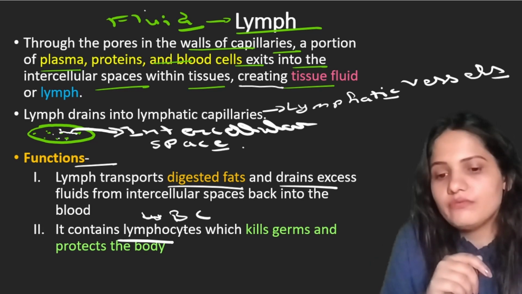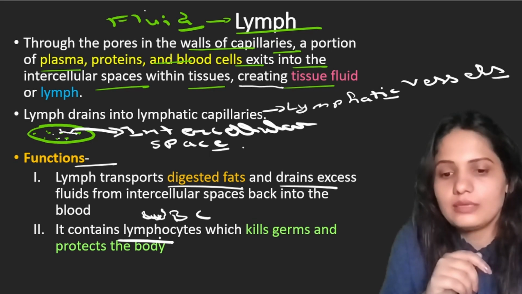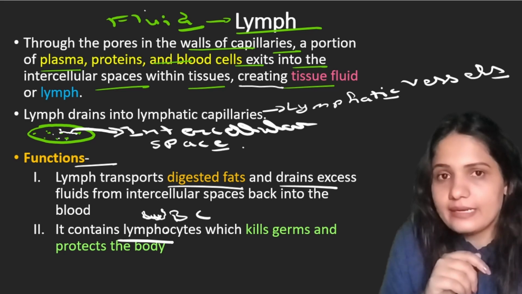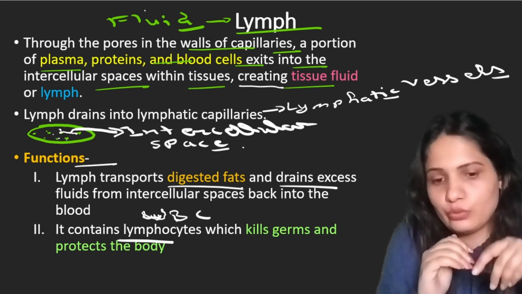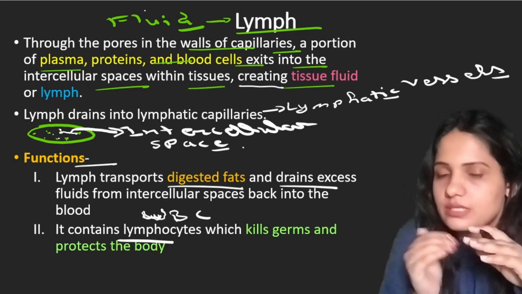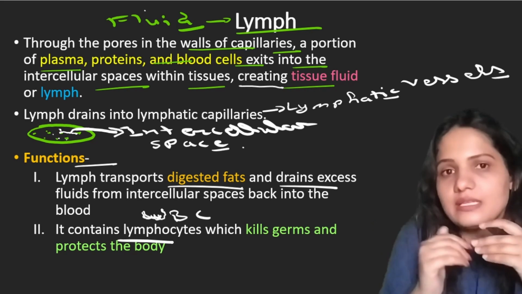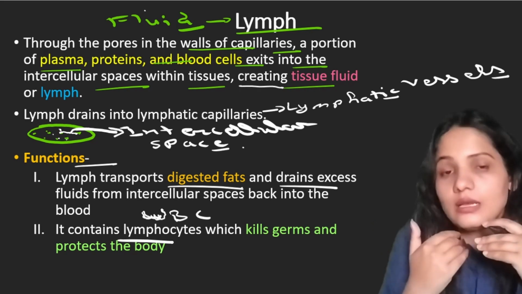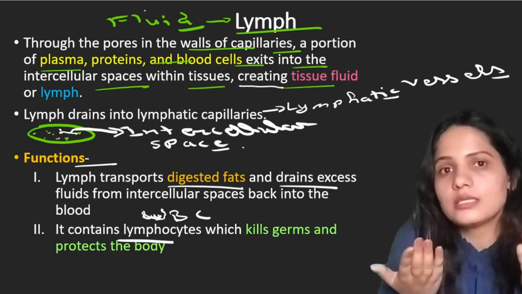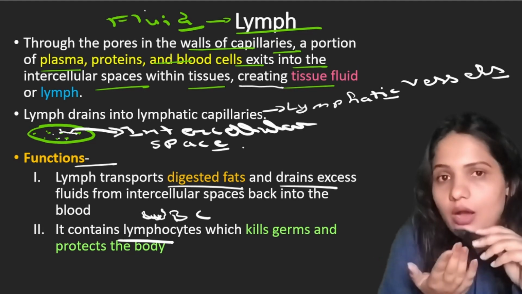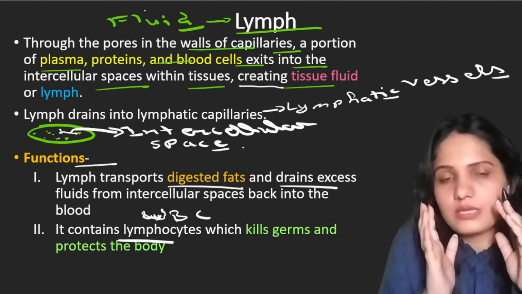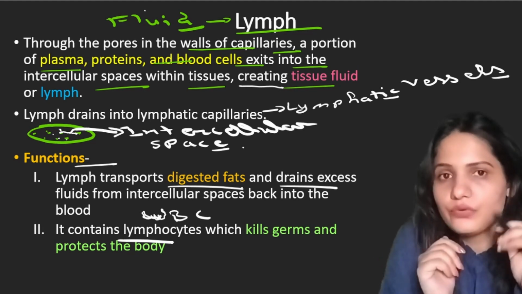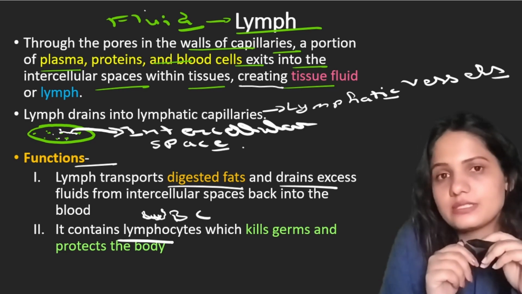The function of lymphocytes is to kill the germs, the harmful substances which enter our body from the surroundings. The harmful substances are killed by the lymphocytes, and these lymphocytes are present in our lymph.